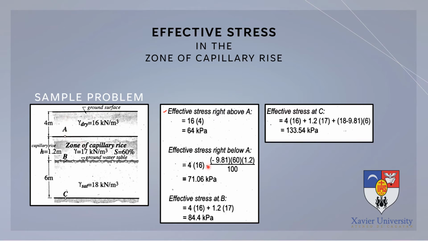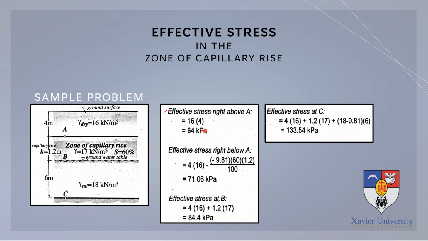So that is 4 times 16, which refers to this layer here, minus the zone of capillary rise, which is your equation. So actually you can make it plus, because negative times the negative here, it will be added. So the effective stress right below A is equal to 71.06 kPa.